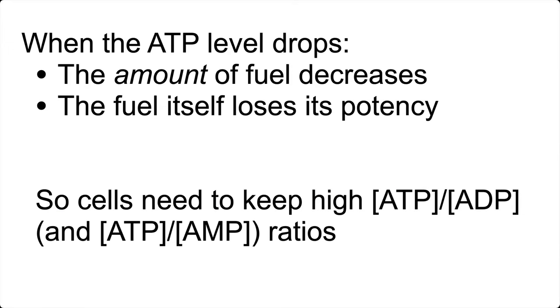As our ATP levels diminish, not only does the amount of our fuel diminish, but the fuel itself is going to lose potency. Its hydrolysis is going to give us less energy than it would if we were further from equilibrium. So we need to keep high ATP to ADP ratios, and as we'll see, high ATP to AMP ratios in order to keep ATP as a good fuel source.